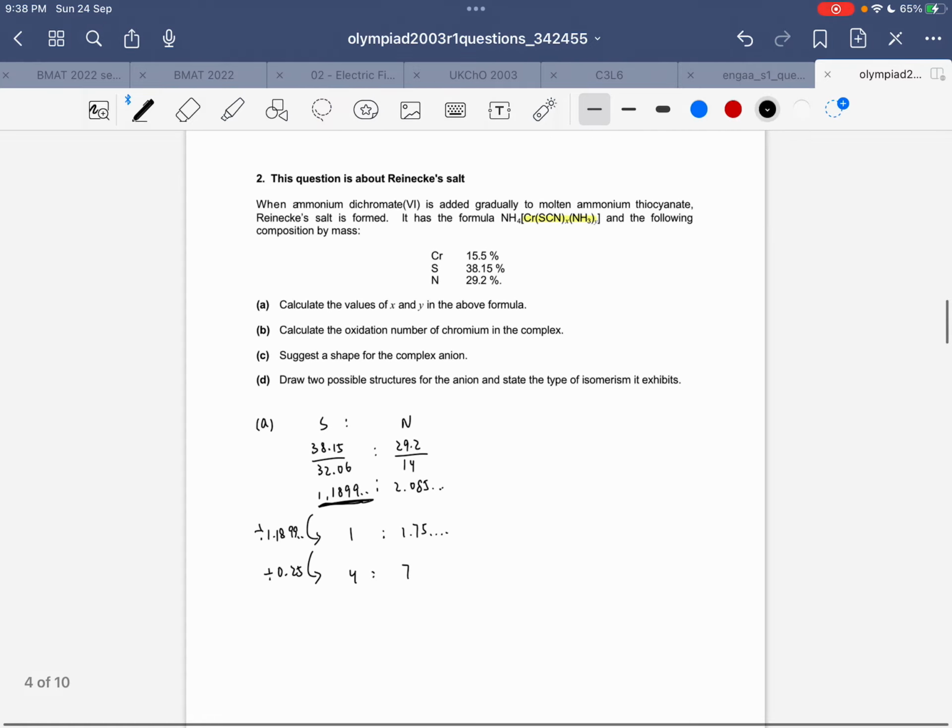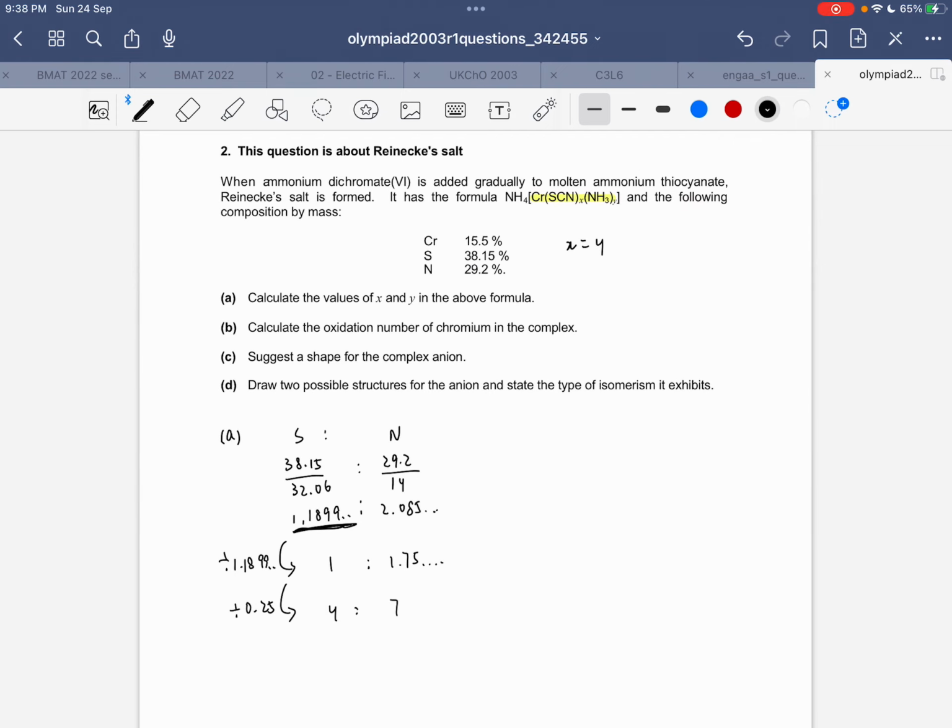So if we look at the complex ion formula, we can see that X must be 4 because there are 4 sulfur atoms per 7 nitrogen atoms. So X will be 4, and Y would be 7 minus the 4 nitrogens here, so this will give me 2. So X equals 4 and Y equals 2.